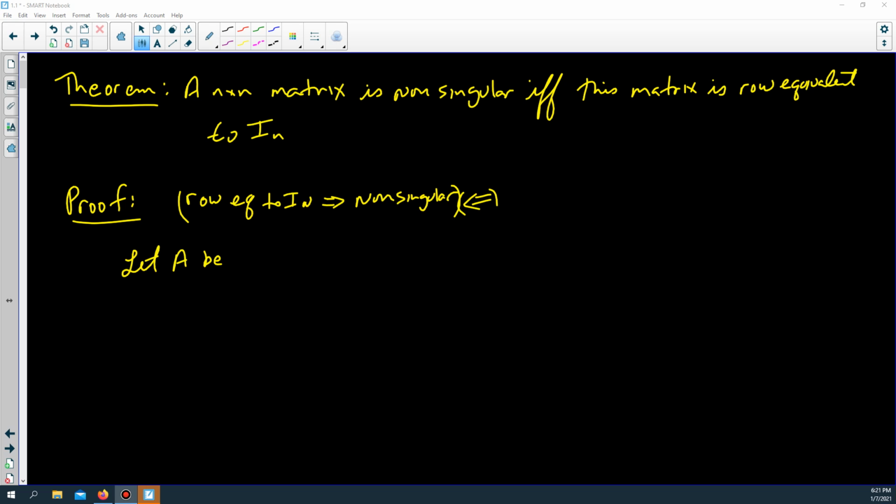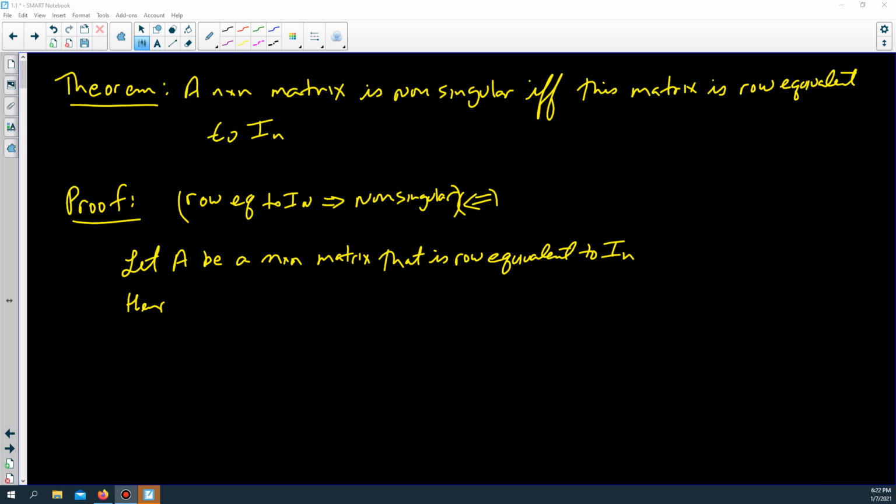Let A be a n by n matrix. Actually, let's state it right here. Non-singular matrix. I didn't mean that. I apologize. A is an n by n matrix that is row equivalent to the identity matrix.